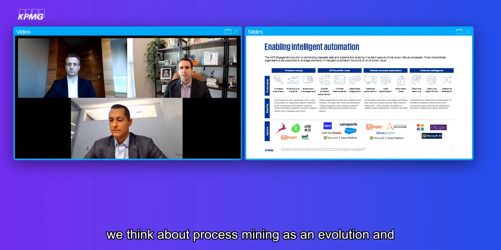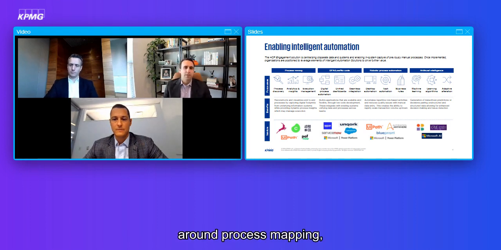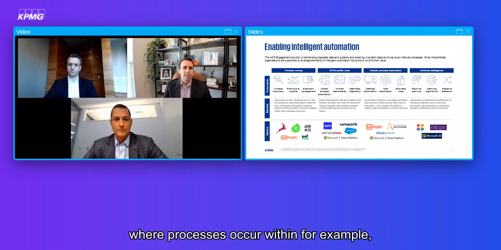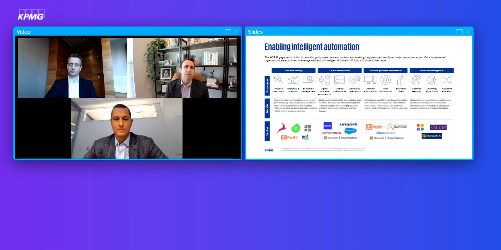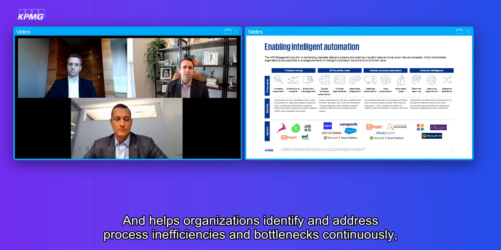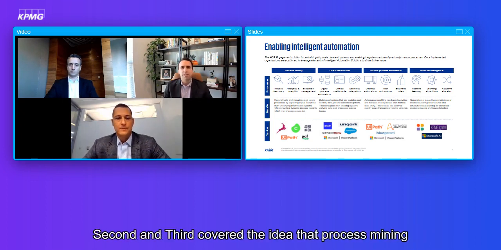First and foremost, we think about process mining as an evolution and an innovative step forward to what individuals used to do around process mapping, trying to understand start to finish where processes occur within, for example, HCP, as Matt just spoke about. Process mining leverages the data to truly trace the process from start to finish and helps organizations identify and address process inefficiencies and bottlenecks continuously rather than periodic refreshes through process mapping exercises.